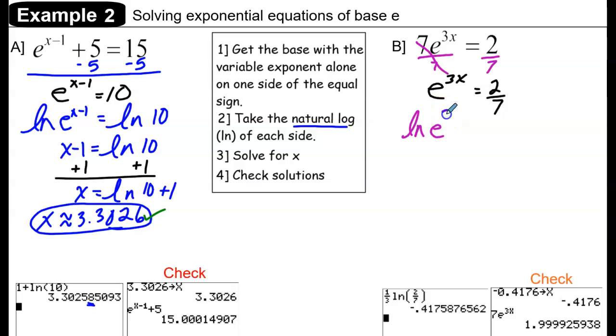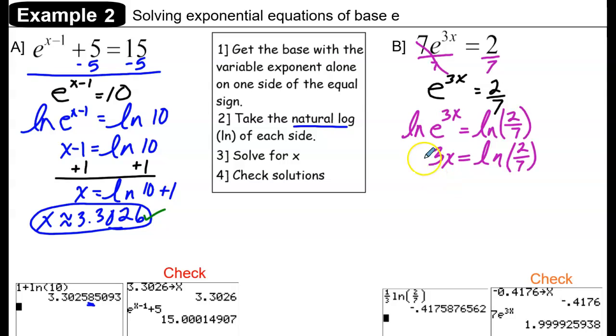So the natural log of e to the 3x power is equal to the natural log of 2/7. Okay, then our natural log and e cancel using the inverse property, and that brings down our exponent of 3x, which is equal to the natural log of the quantity 2/7.